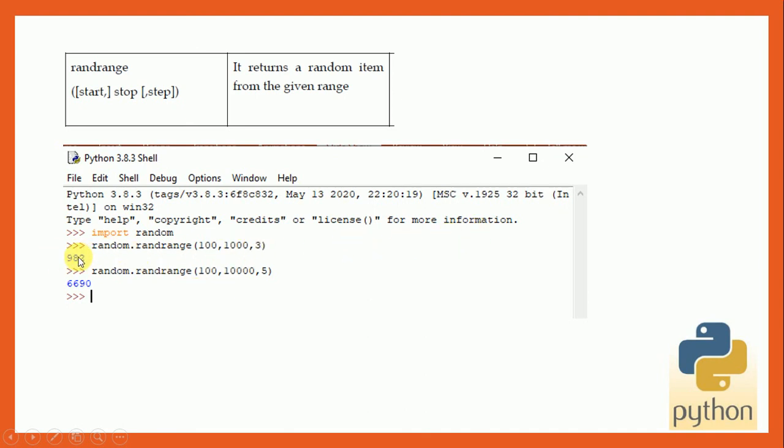So we are getting a random number 982. Next one, random.randrange 100 to 10,000 with a step of 5. So we got 6690. Clear? This will be a random value. If I write the same statement again, the next time the number will be different.